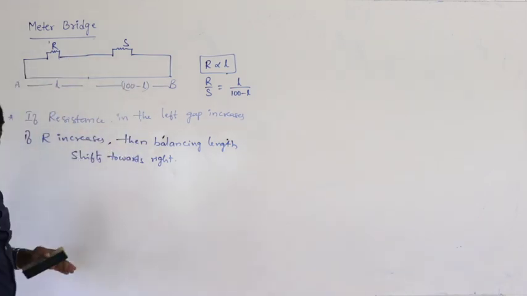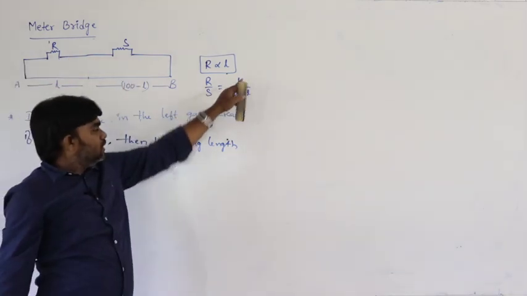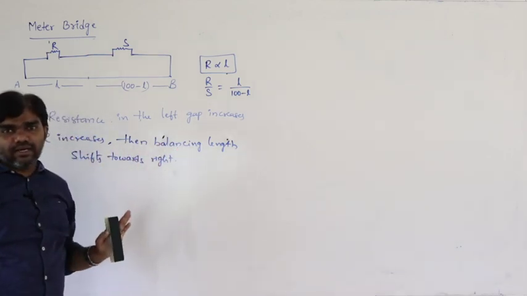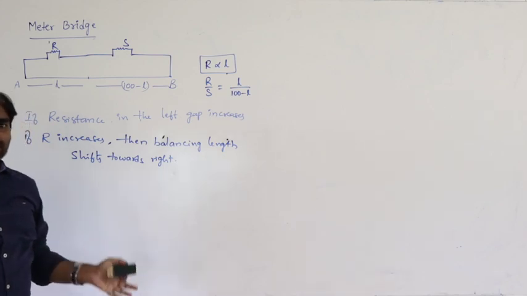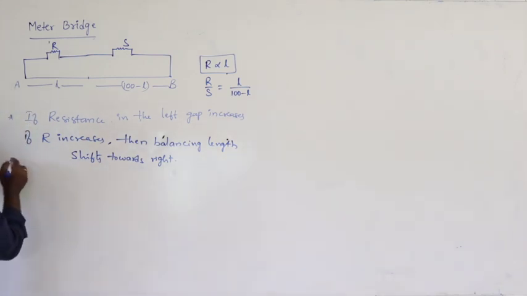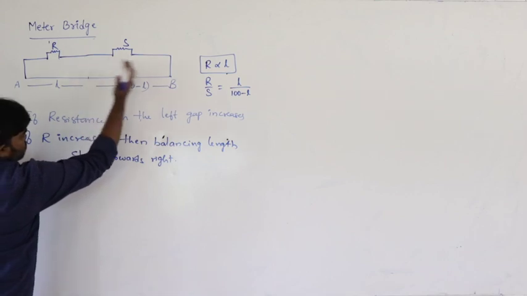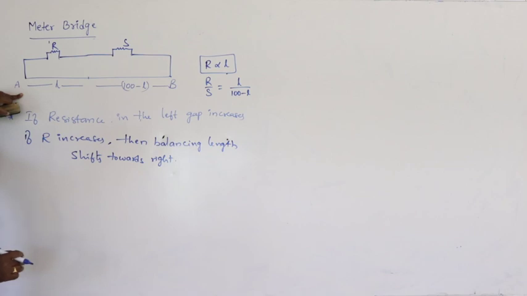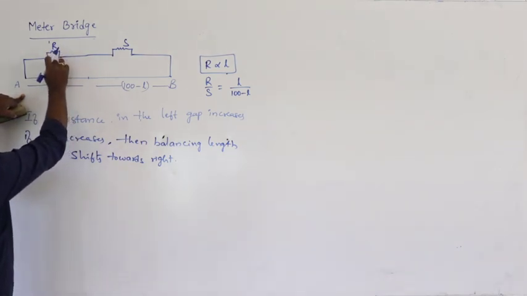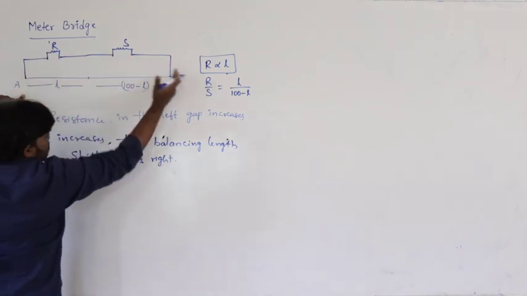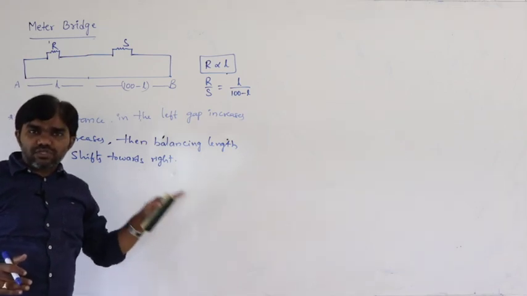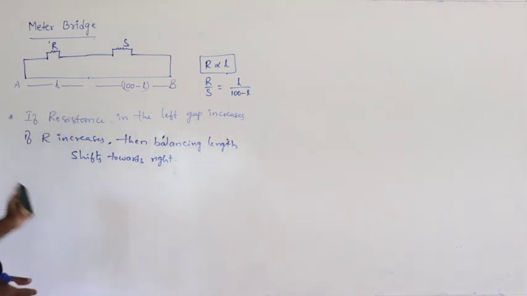That means L value increases. We must calculate balancing length from A to B. So if resistance in the left gap increases, this L value also increases. That means the balancing length shifts towards right. Shifts towards right means its value increases.